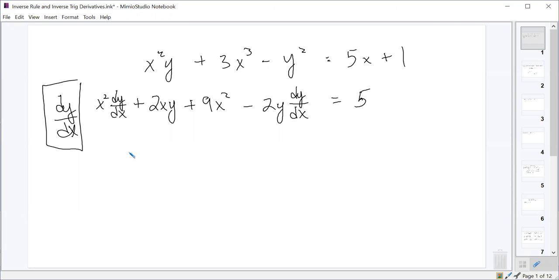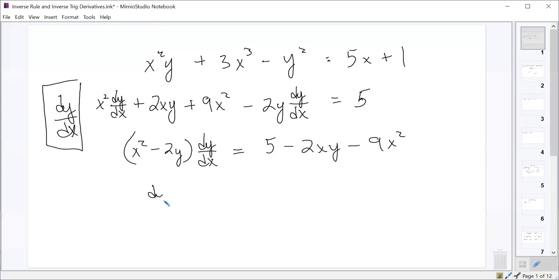All right, so now we just want to solve for dy dx. In order to do that, we'll gather all the dy dx terms on one side, which is the x squared and the minus 2y, and factor out the dy dx from them. And we'll put everything else on the other side. So 5 and then minus 2xy and then minus 9x squared.